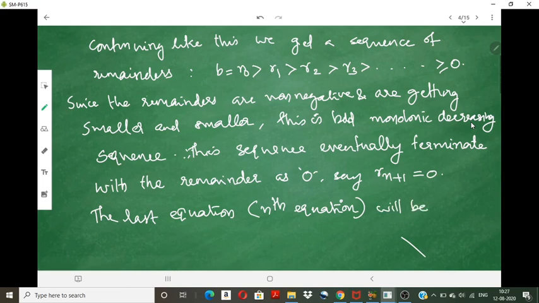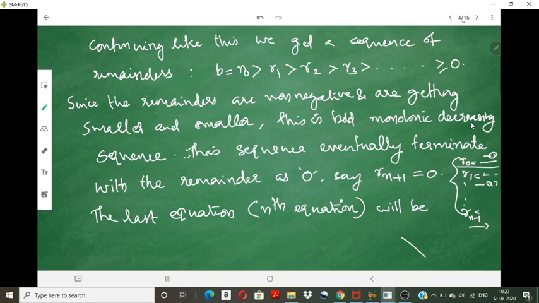We have started from R naught. We have the equations started from R naught equal to something, then R1, etc. The nth equation will be Rn minus 1. Then only we will get n equations, isn't it? This is R naught equal to something, the first equation, and R1 is the second equation.